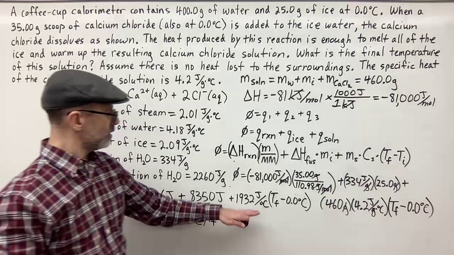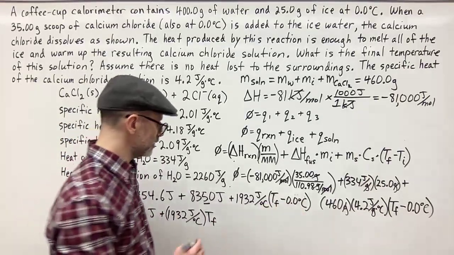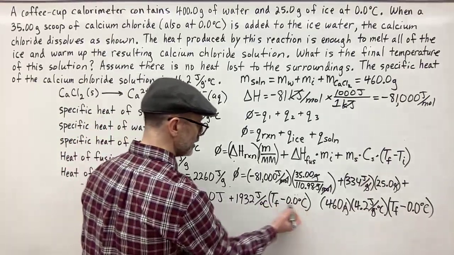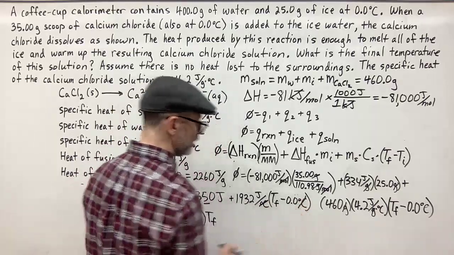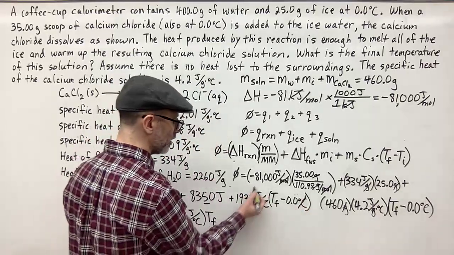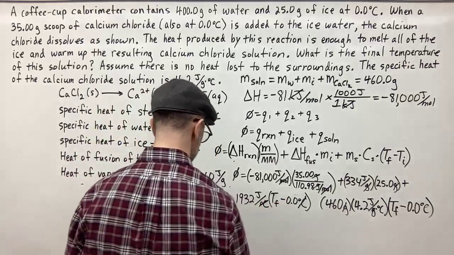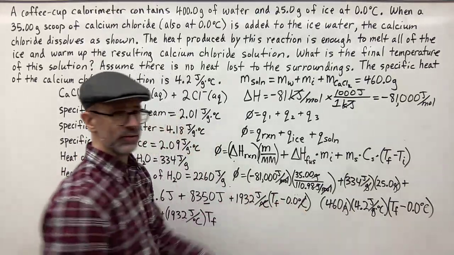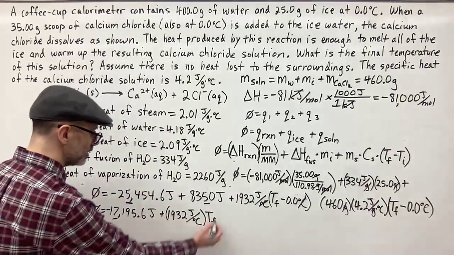And look here, 1932 times this, right? This is 0. The degrees Celsius cancel out. I would end up with joules, but it's going to be 0 joules. So 0, we don't have to worry about. So I end up with this.